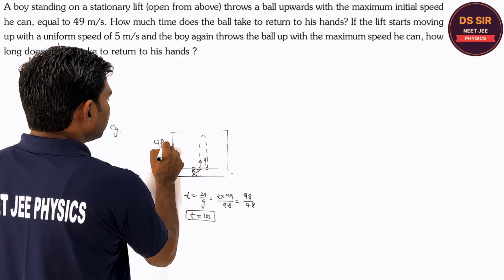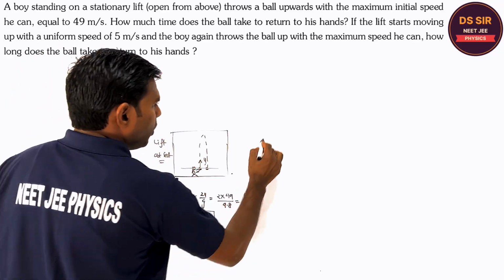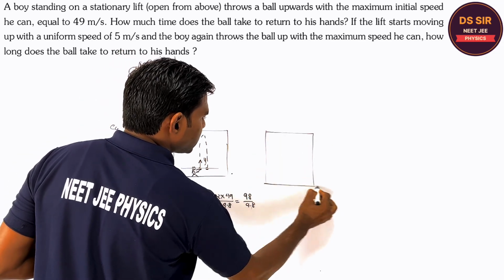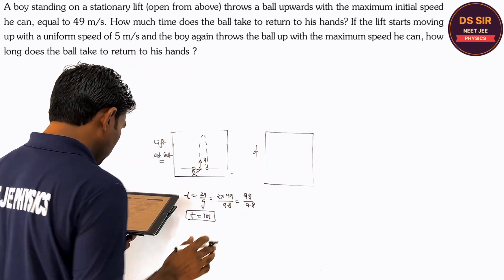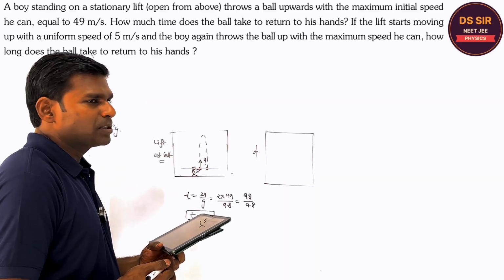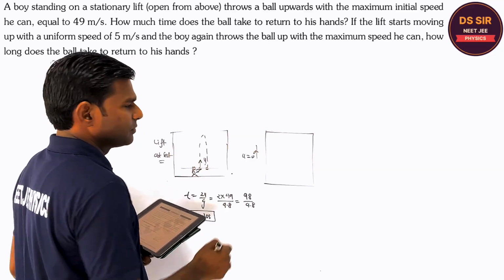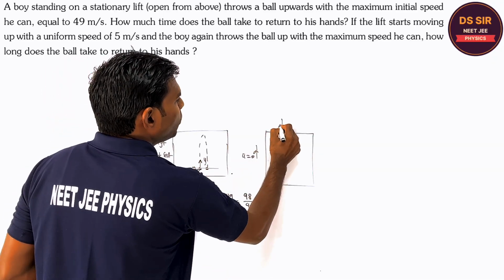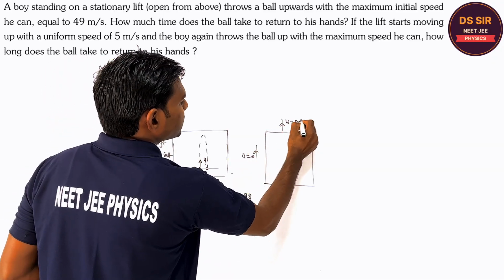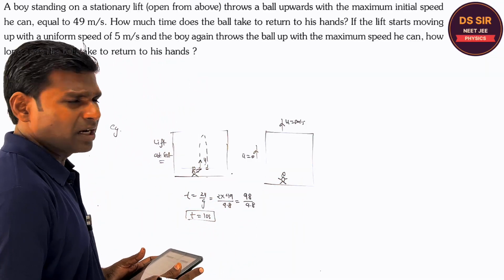Suppose this is the lift at rest, fine. Now, suppose the lift starts moving up with a uniform speed of 5 meter per second. It means the acceleration of the lift is what? 0, and it is moving with the speed 5 meter per second. Is it clear? Although this is the question for the pseudo force, right?